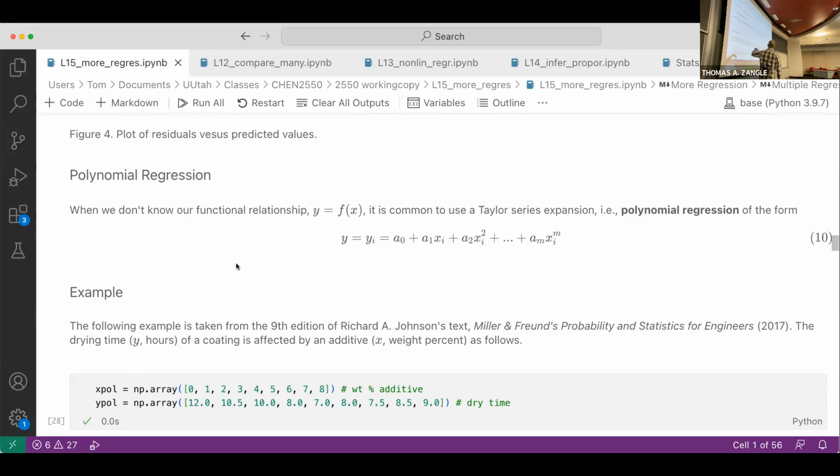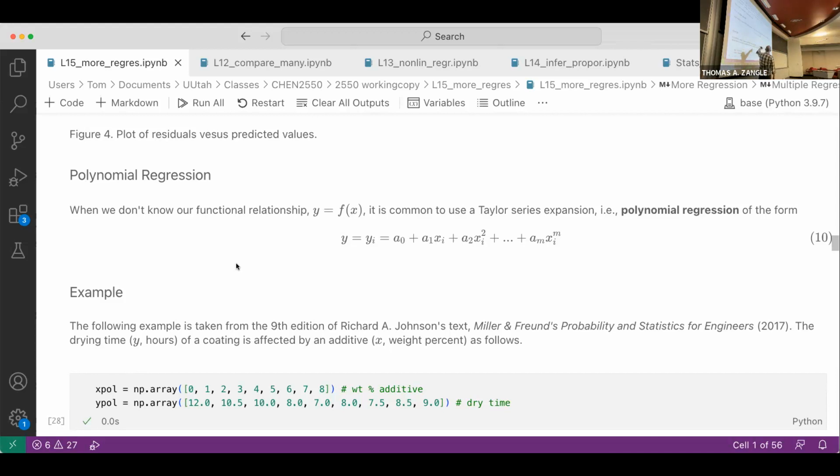The theoretical justification for this is, in a lot of this regression work, we're trying to figure out some function f that describes y as a function of x. And we know that we can use a Taylor series expansion to at least approximate that. If we make that expansion high order enough, then we can capture any function f, right?